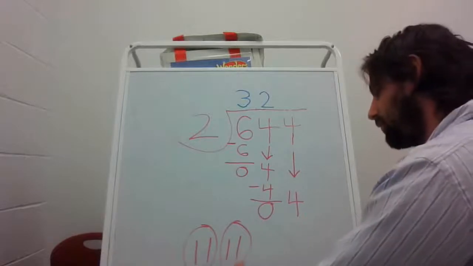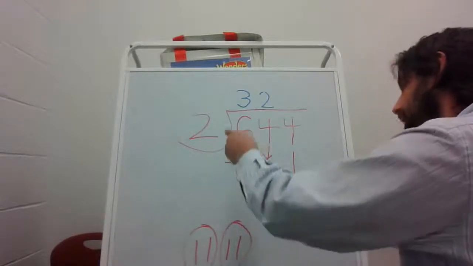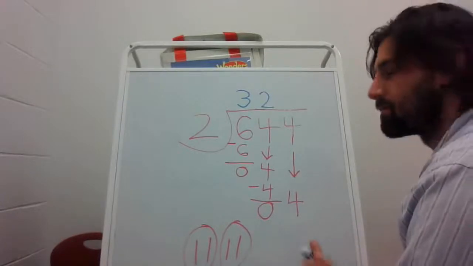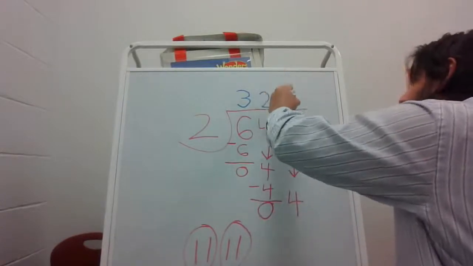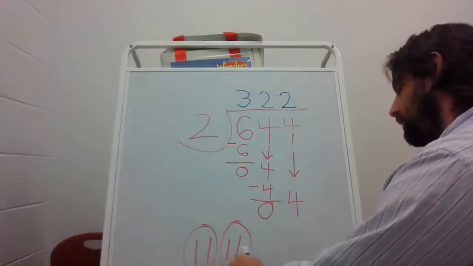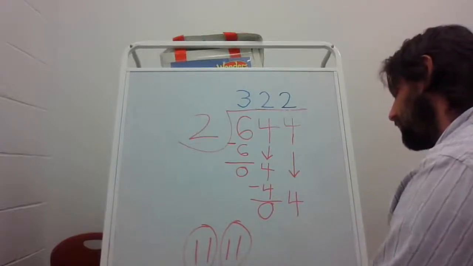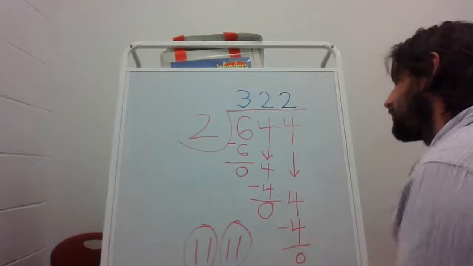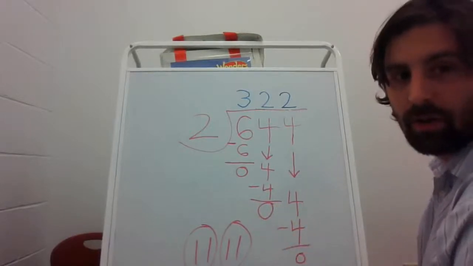Was able to come up with 2 groups of 2. 4 divided by 2 equals 2. One, two, three, four total tallies in the circles. And our answer is 322.